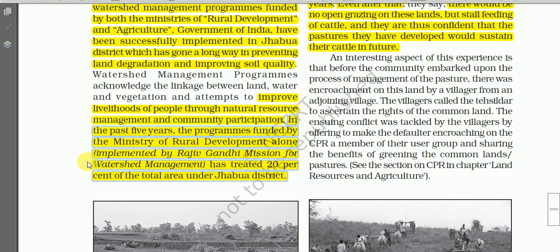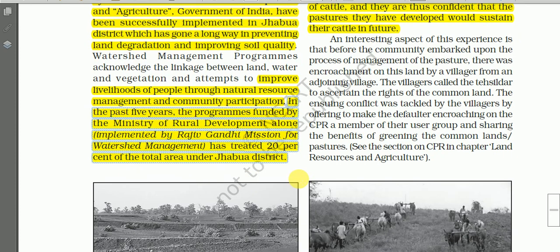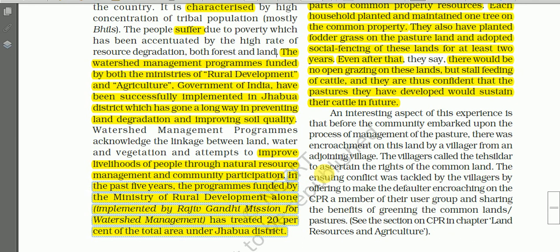The program was implemented under the Rajiv Gandhi Mission for Watershed Management. So 20% of the total area of Jhabua district has been treated in the last 5 years.